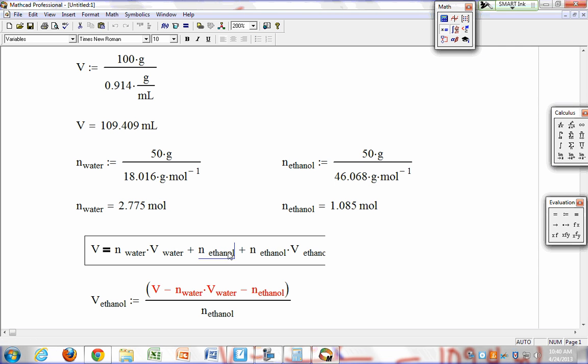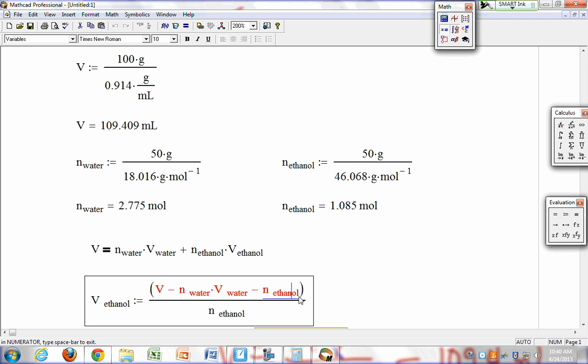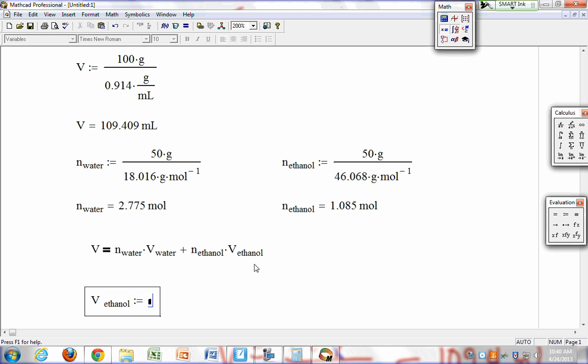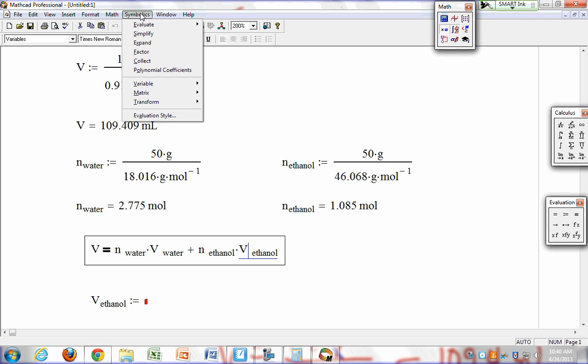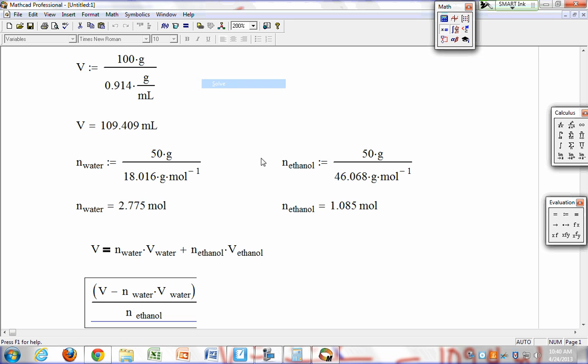Oops, okay, I have made a mistake here. This is just: moles water, partial molar volume of water, plus moles ethanol, partial molar volume of ethanol. Something wrong with my formula. So if I solve for partial molar volume of ethanol, variable, solve, okay, that's better.